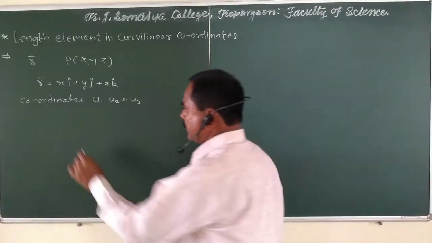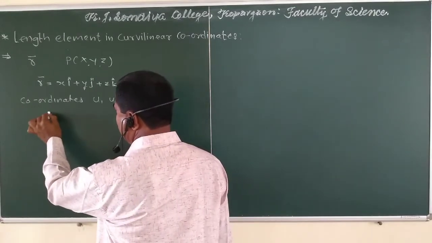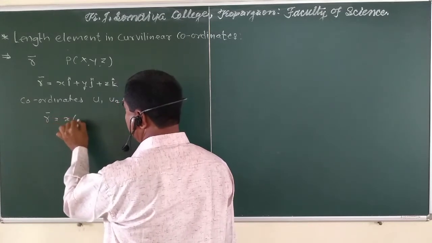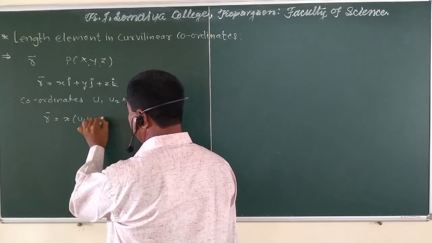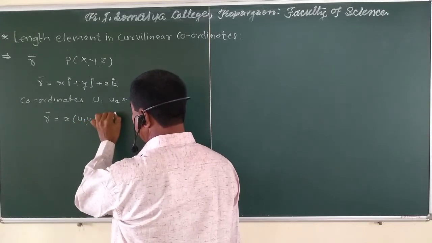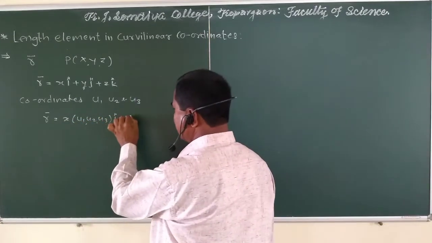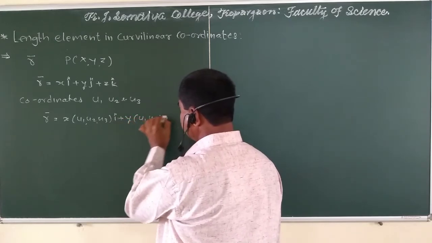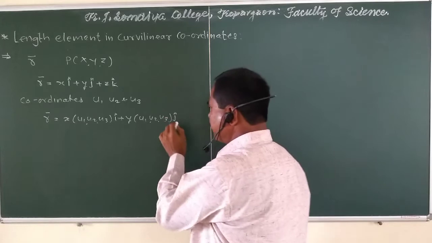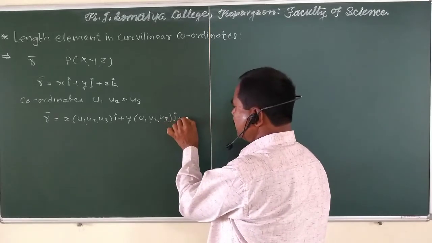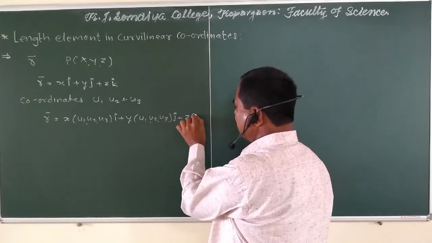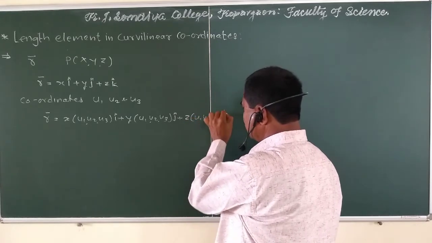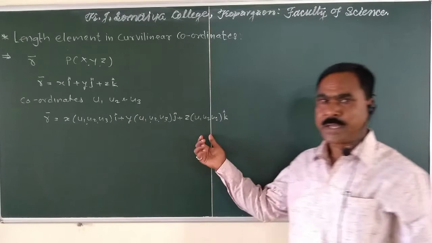So we write r bar equal to x of u1, u2, u3 i cap plus y of u1, u2, u3 j cap plus z of u1, u2, u3 k cap.